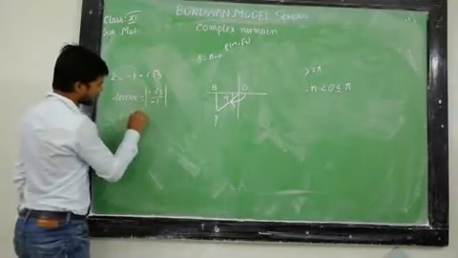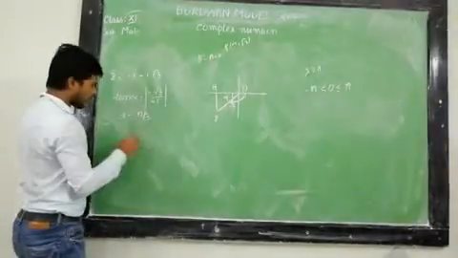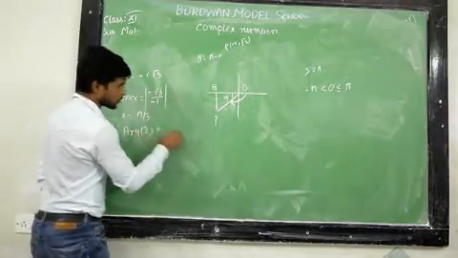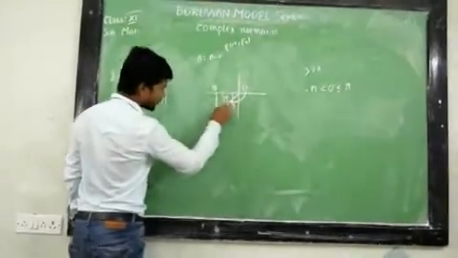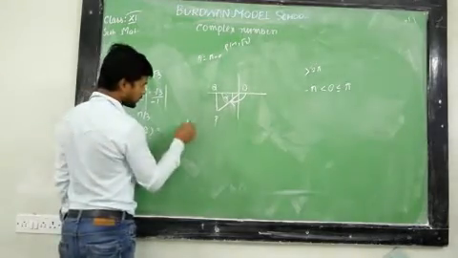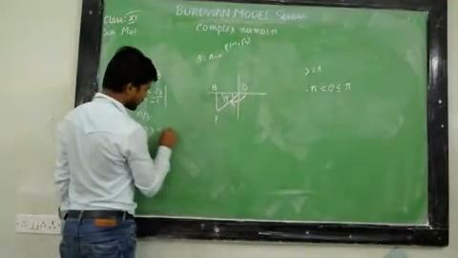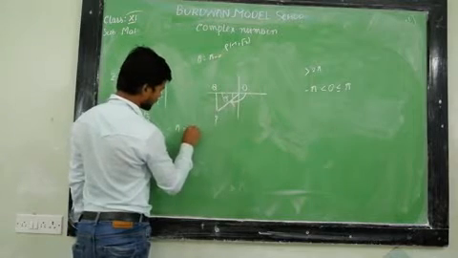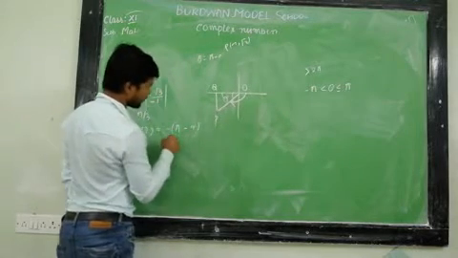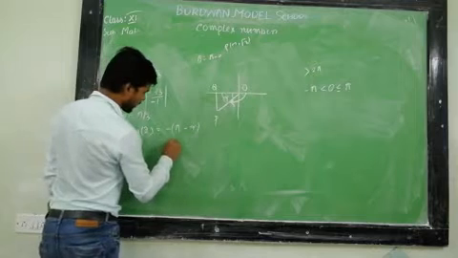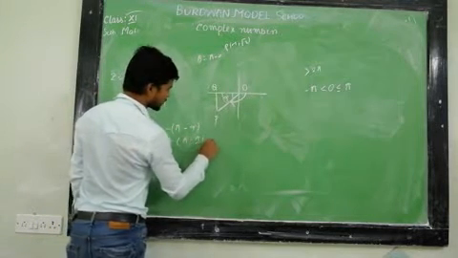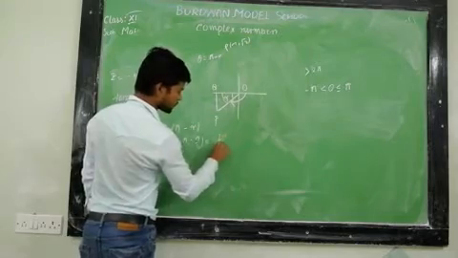That means alpha is again pi by 3, and here the argument will be minus pi plus alpha, that is, minus (pi minus alpha). So that is minus of (pi minus pi by 3), which is equal to minus 2 pi by 3.